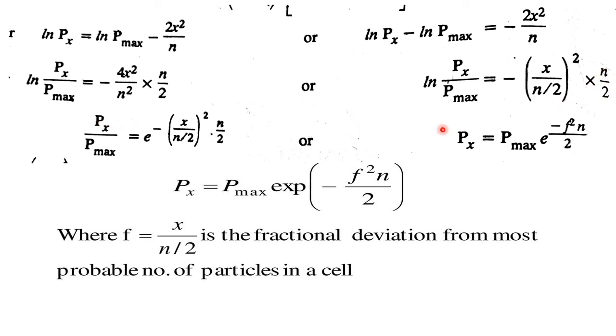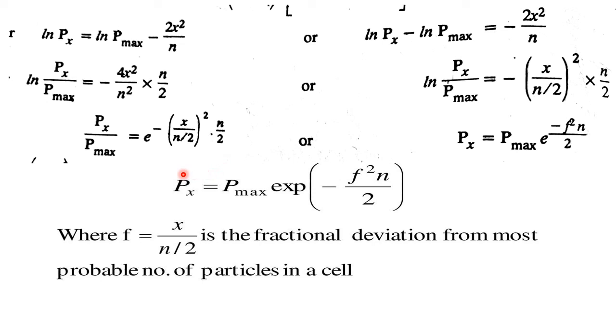Again applying the exponential on the equation. We know that exponential and the logarithm cancel the effect of one another. We'll get px upon p maximum is equal to e raised to the power minus (x upon n upon 2) the whole square multiplied by n upon 2.